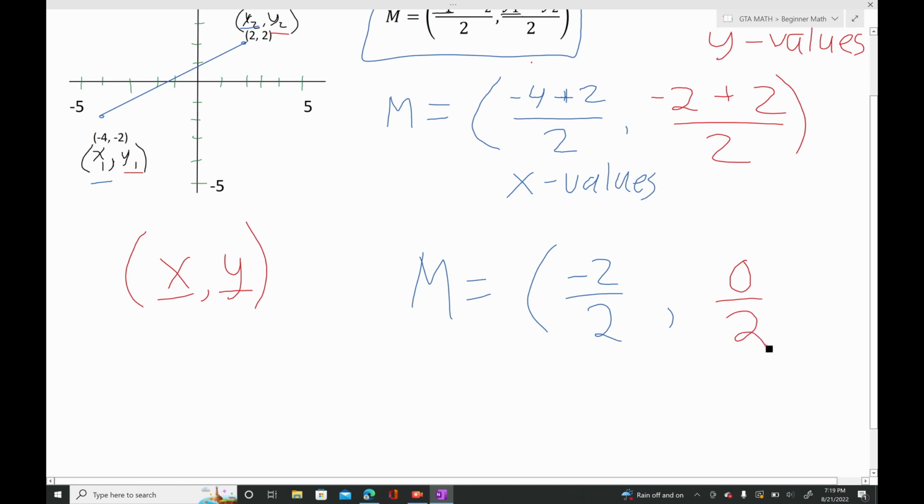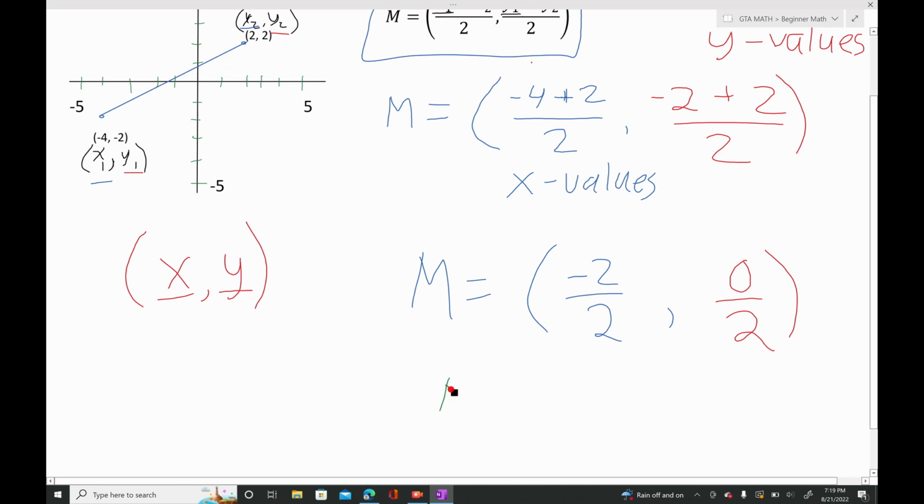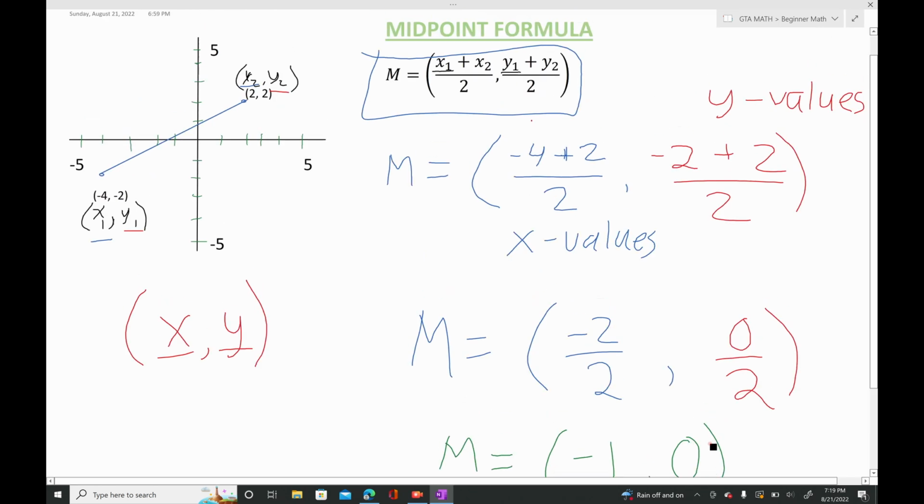And we have 0 over 2. And then we're going to simplify it even more. Now we're going to say m equals -2 divided by 2, which becomes -1. 0 divided by 2 is 0. So this becomes our midpoint.